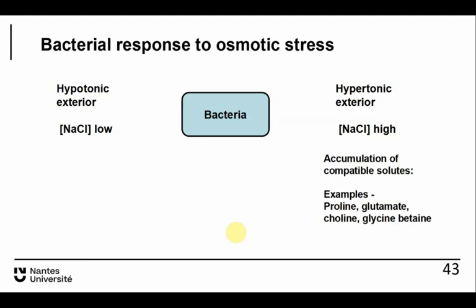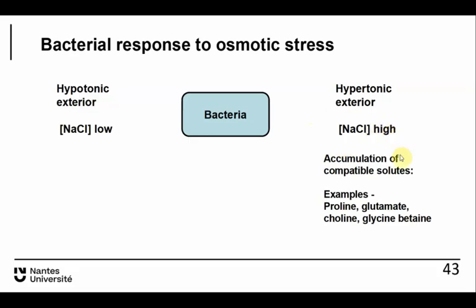So if bacteria are growing in hypertonic conditions with a high concentration of sodium chloride outside of the cell, the risk for the bacterium is that all the water inside the cell is going to diffuse out. And then the whole thing will be too dry and it will stop working, stop running.